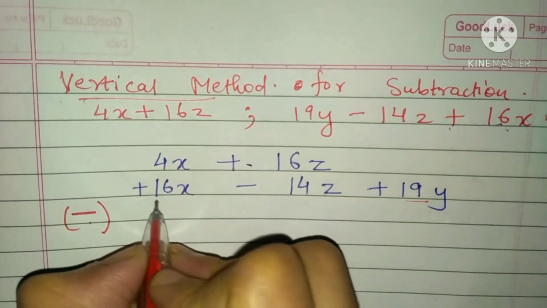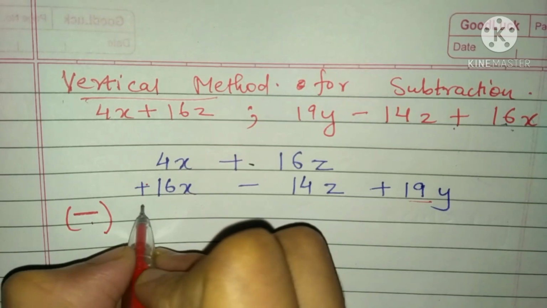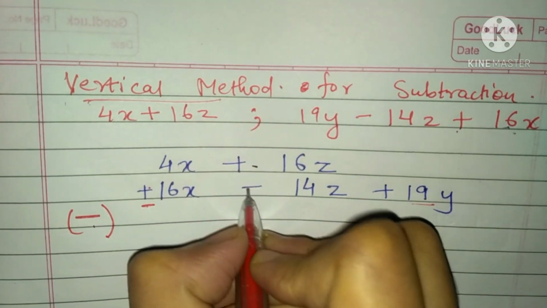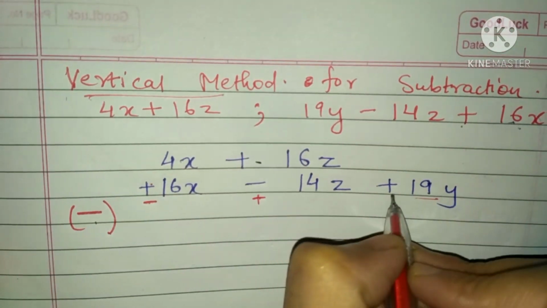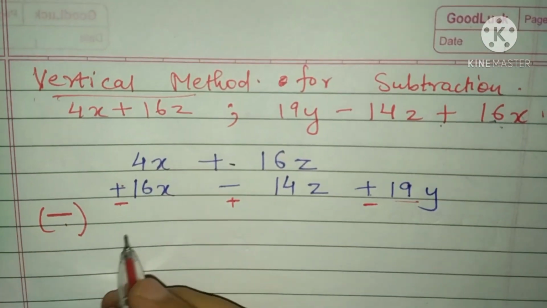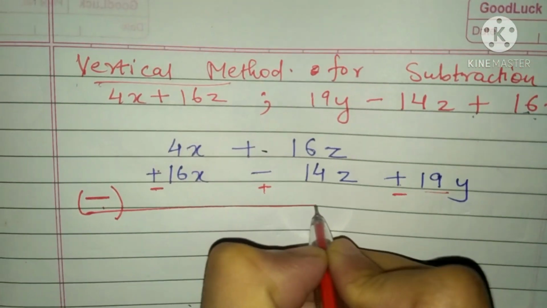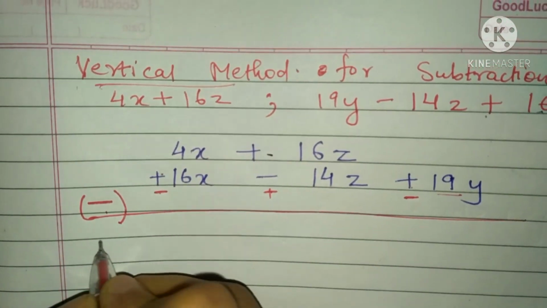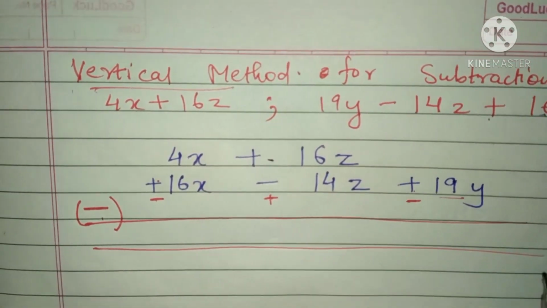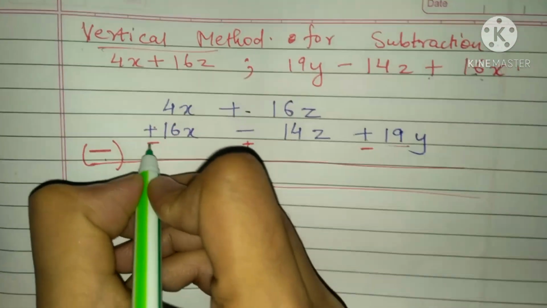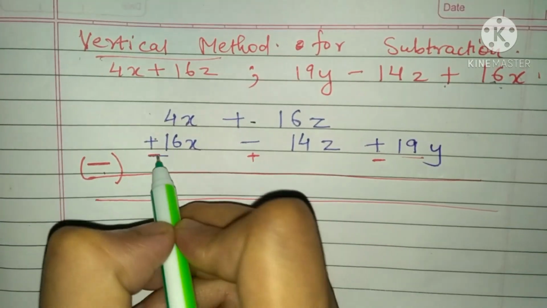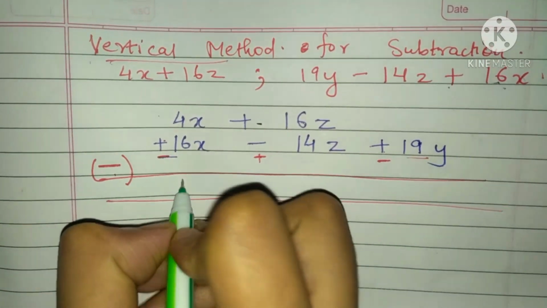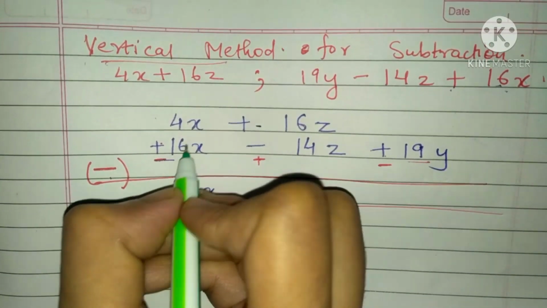See, subtraction is the main sign. Now, what does subtraction do? It changes all the signs of the second expression. So plus becomes minus, minus will become plus, plus will become minus. Now this sign will be considered as the second expression's sign. Okay, so 4x minus 16x is how much?